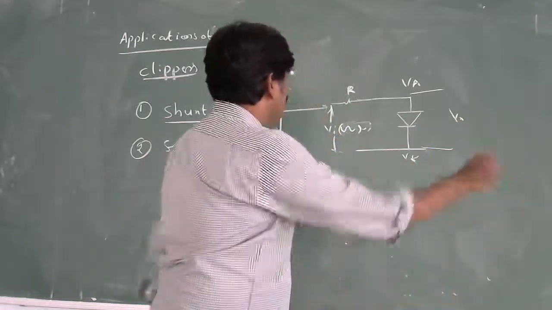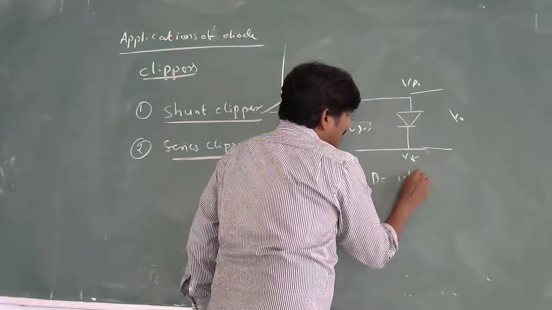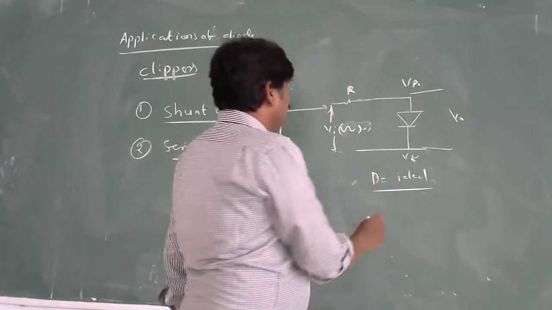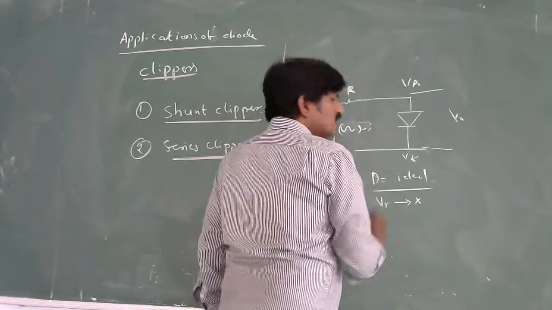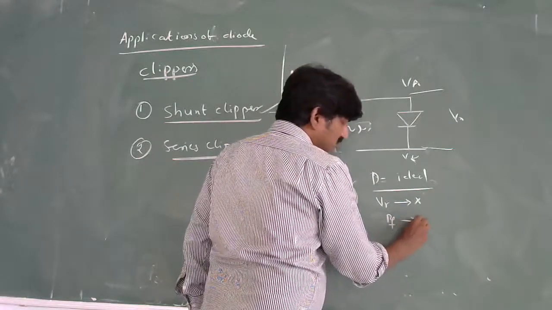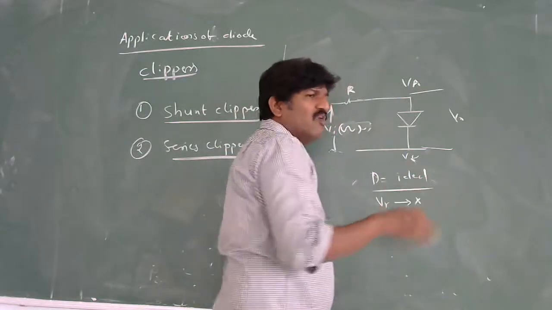Generally, suppose we consider the diode to be ideal. What are the ideal diode considerations? We are not considering the cutting voltage, and we are not considering the forward resistance. So it is just like an on-off switch.